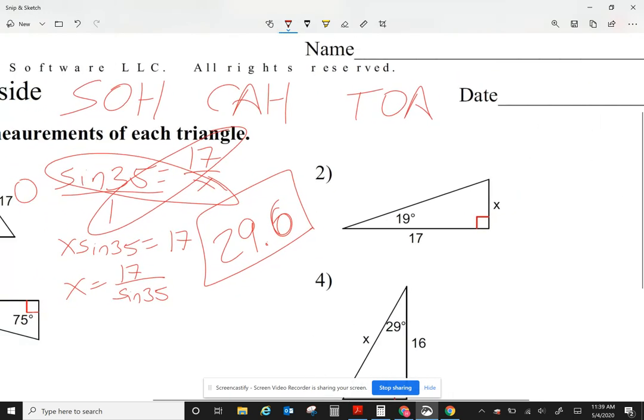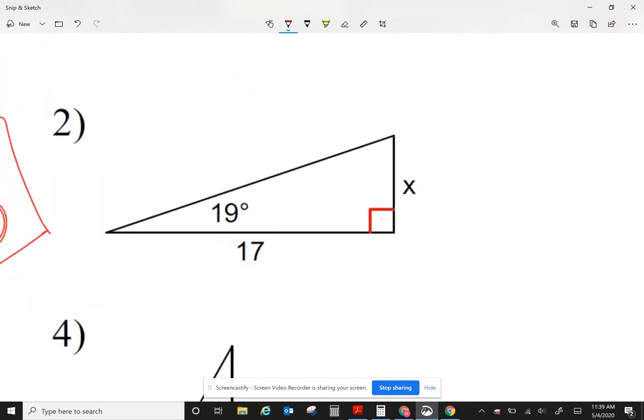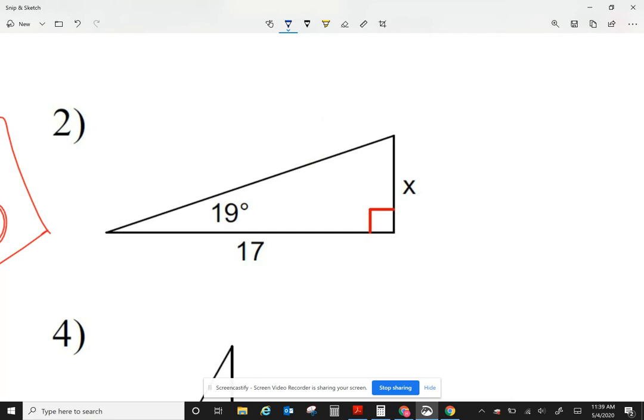All right, let's take a look at question number 2. Just from the get-go, I am expecting this number to be less than 17, right? X looks less than 17. So let's see what I have. I don't have the hypotenuse in this case. From 19 degrees, I have the opposite and the adjacent.